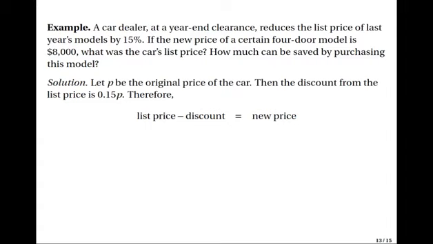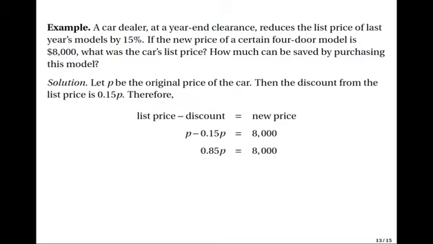Okay, so far? So the list price is P. The discount is 0.15P. So P minus 0.15P. That should be equal to the new price. The new price is 8,000. So we solve for P. So you have P minus 0.15P. That becomes 0.85P.